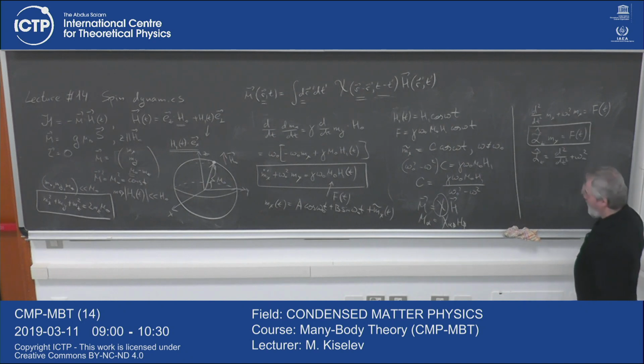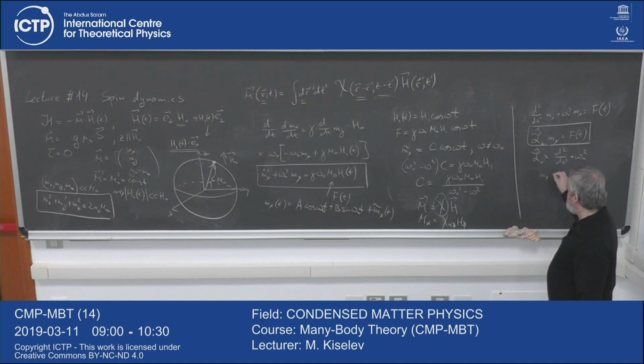If I know how to construct the inverse operator, and if this inverse operator does exist, I can formally write down my solution of this equation. I'm looking for a particular solution of the linear differential equation in the form that mx is equal to L minus 1 (t) times f(t).